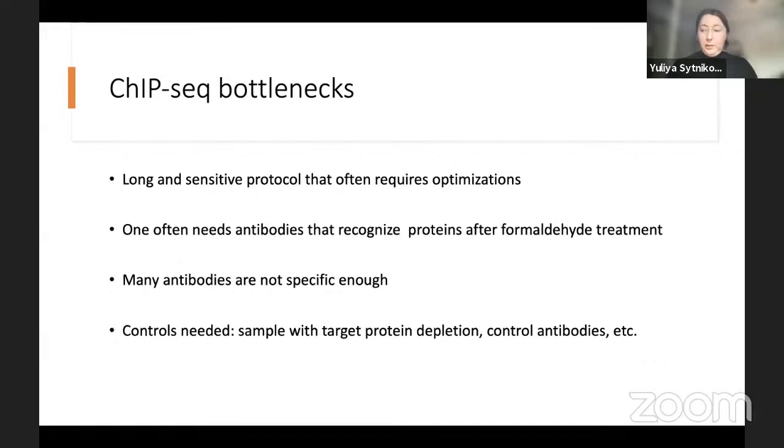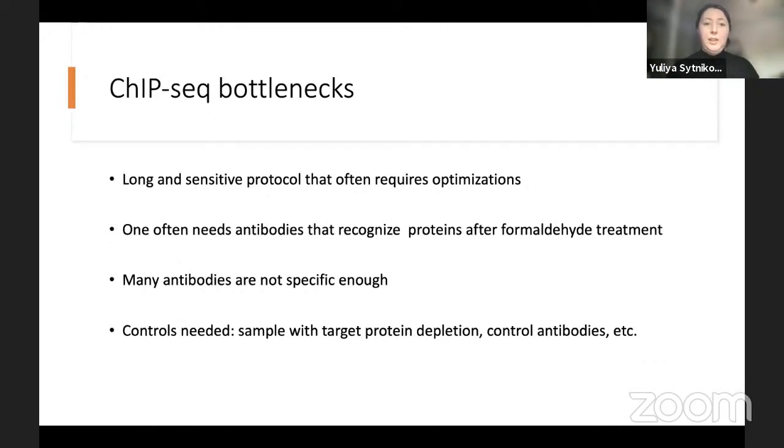So ChIP-seq, while it is still very popular, has its own bottlenecks, especially for single cell approaches. Overall, it's a pretty long and sensitive protocol, and quite often for particular proteins or for a particular biological model, it requires some optimization. And one needs very good antibodies.